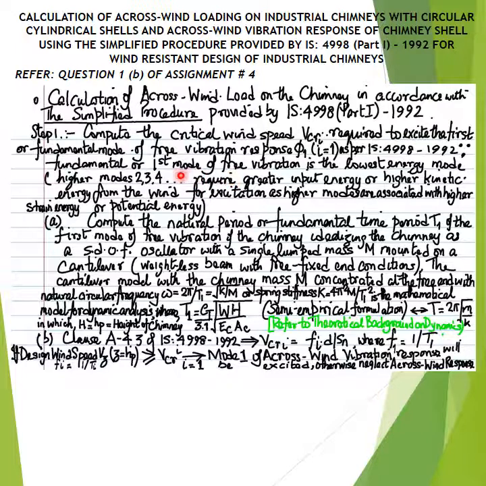As the first mode or fundamental mode of free vibration response is the lowest energy mode, requiring the least amount of input kinetic energy from the wind to be excited, the first mode, that is mode I equal to 1, is the only relevant mode to determine whether the crosswind vibration response will be excited or not.